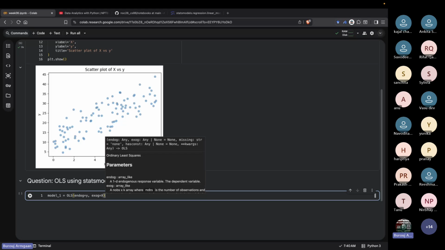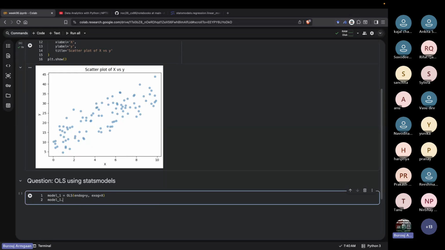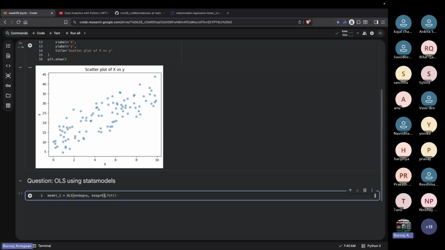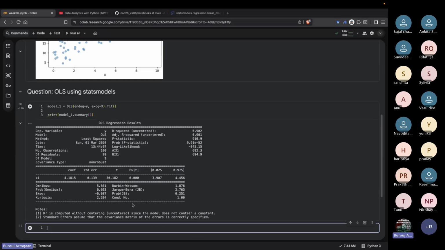And we have this model. Then we can call fit on the same model, or you can do it in the same line as well. You fit the model, and then we can print its summary after it's fit. So model1.summary(), and we see what we get.